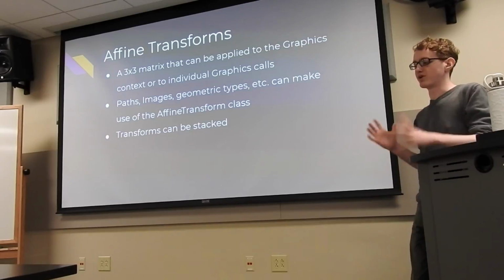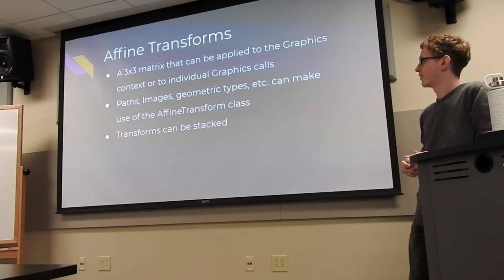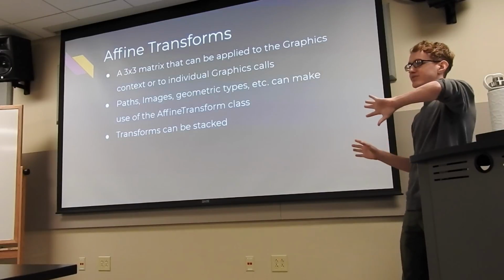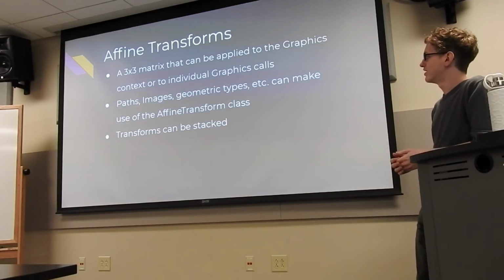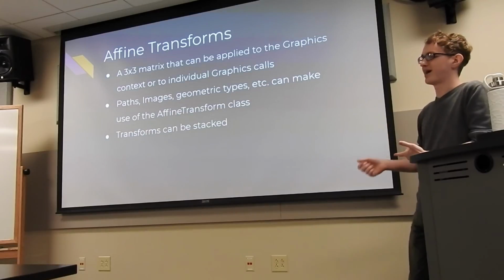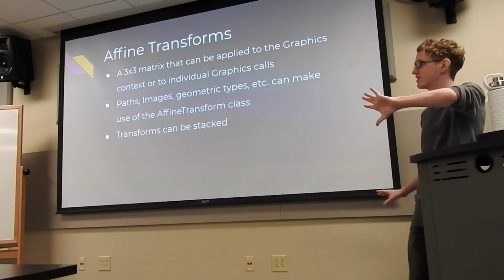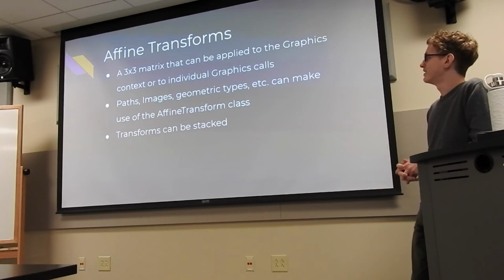But you can also just add one straight to the graphics context itself. So if you want to say, rotate everything by 45 degrees or something, you can just add that to the graphics context, and then it'll draw everything rotated from that point on.